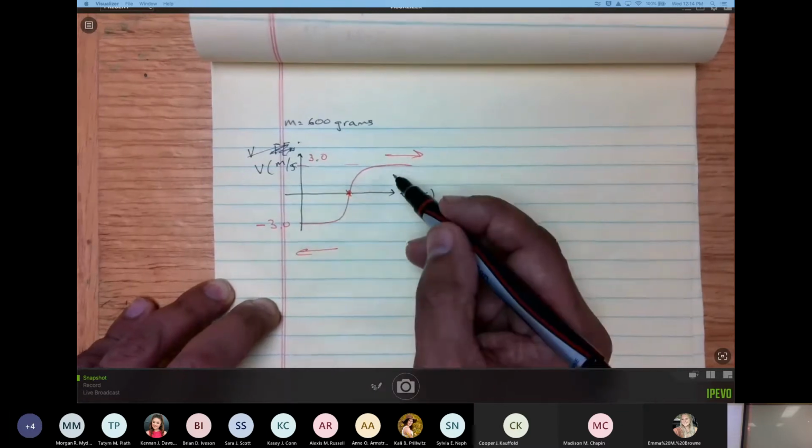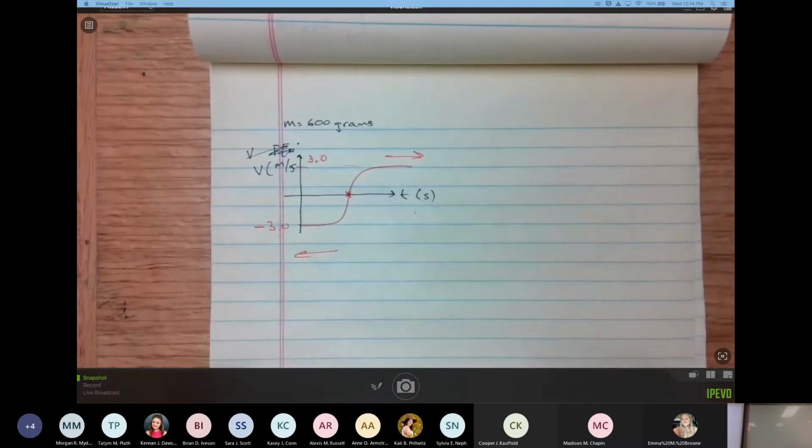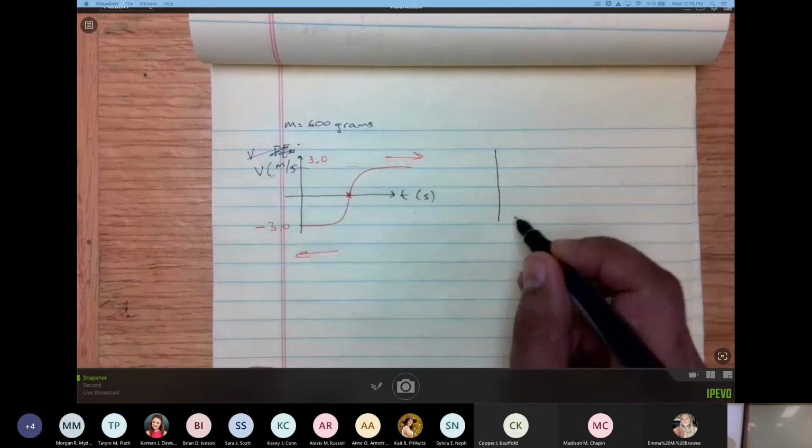And the impulse of this spring, of this object, is going to look like this.